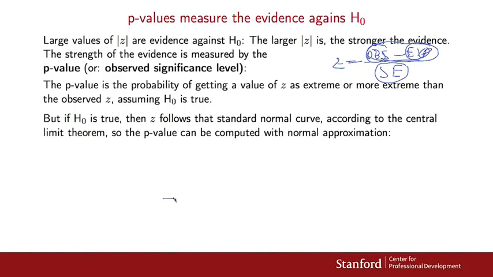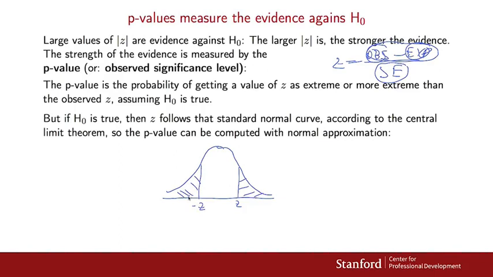Let's look at this picture here. We have a standard normal curve, and suppose we have an observed z-value here. Now the p-value is the probability of getting z as extreme or more extreme than the observed one, so that would be here, or to the left of negative z. So the p-value is this shaded area.